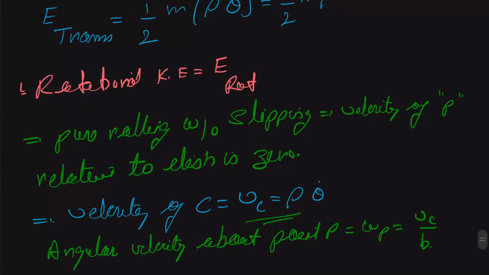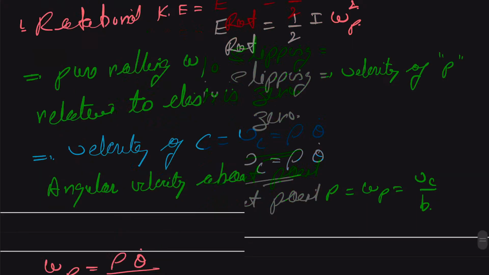Yeah, so we can find out the total kinetic energy in the rotational, which can be given as half I omega square, and here omega is nothing but our omega P, which we just found out.